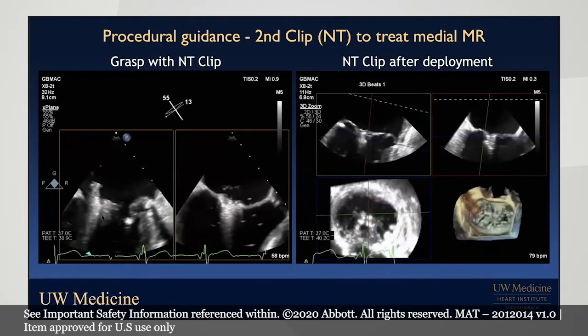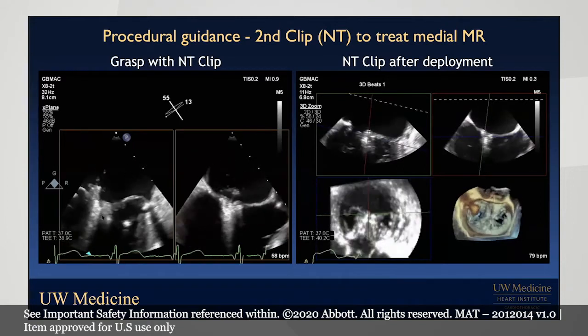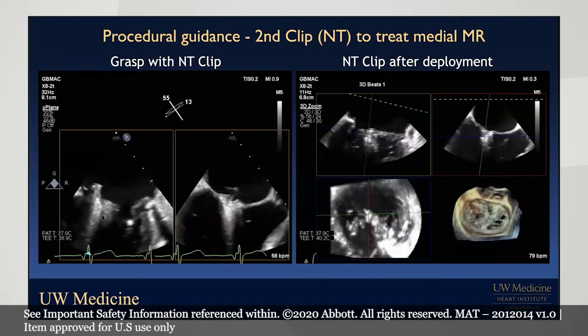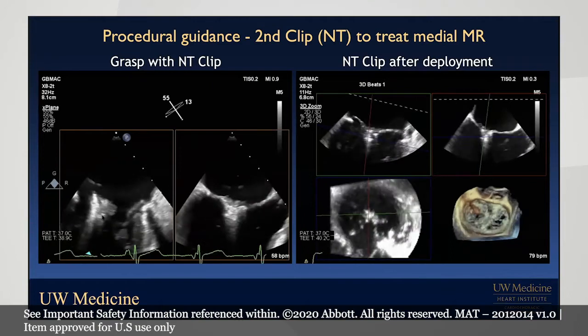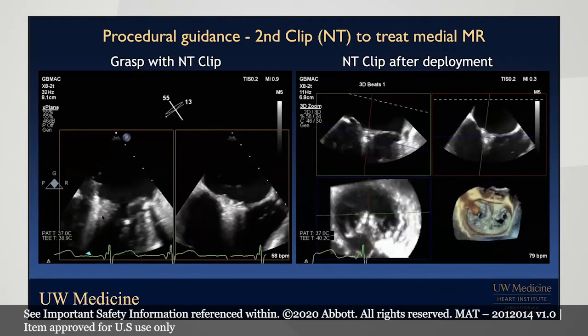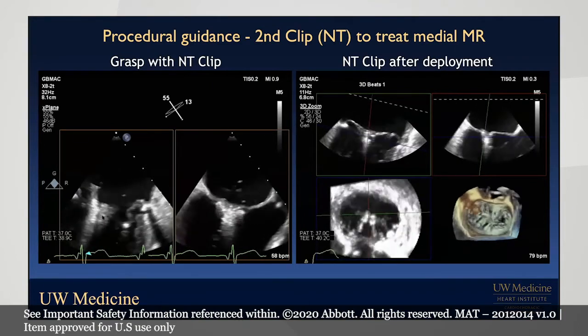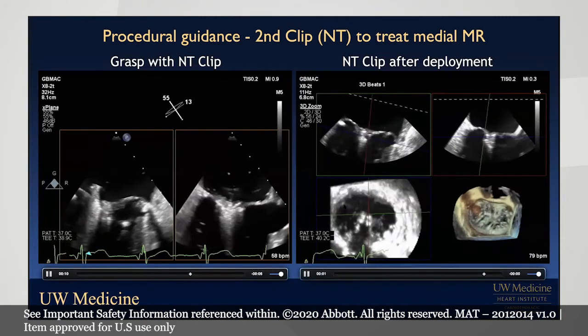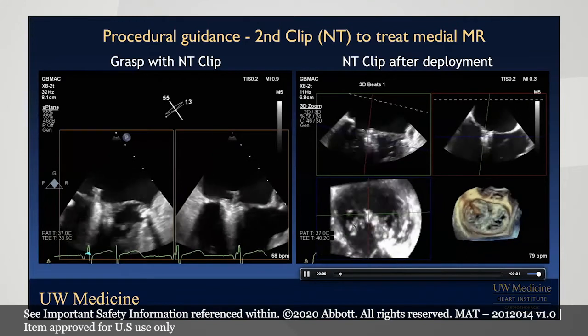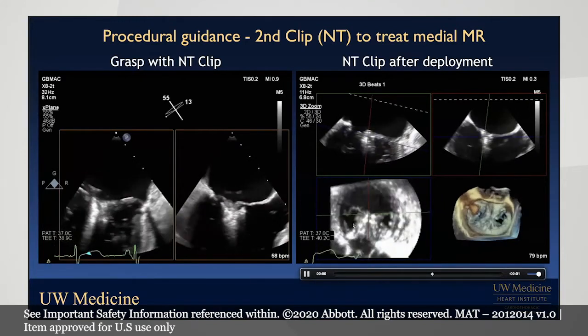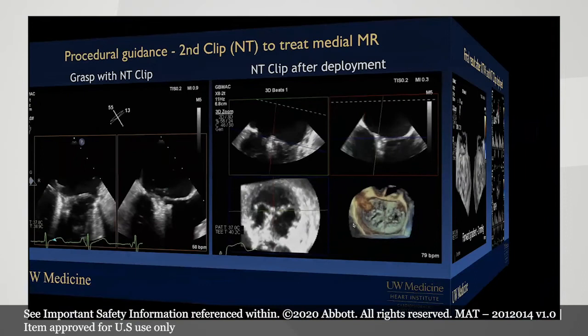And you see on the left-hand side the grasp. There was not a difficult grasp at this point because both leaflets had already been approximated quite well. And then the right-hand side shows the deployed state, again with a figure 8 reminiscent of a transgastric view in the left lower aspect of that multi-view imaging.